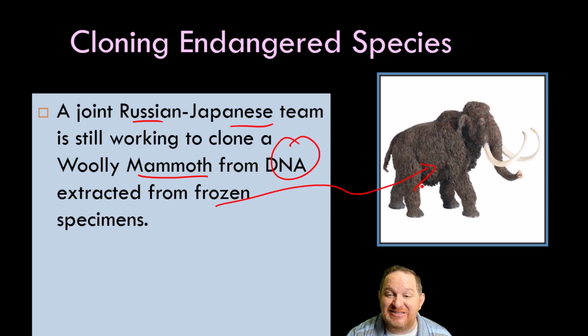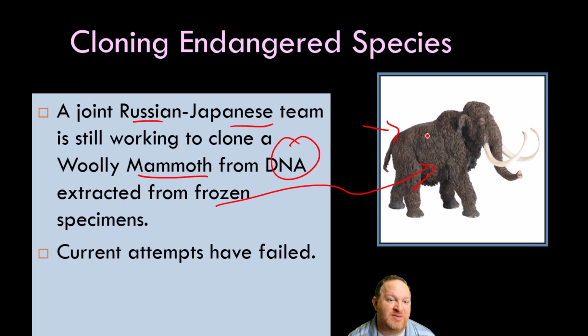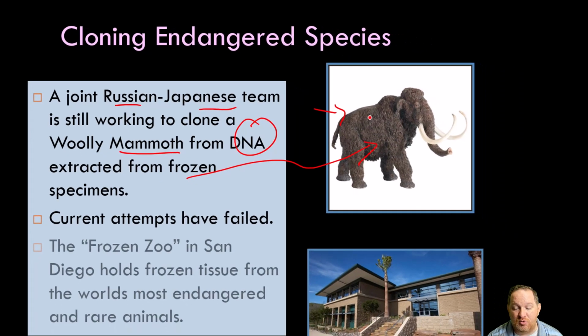The idea is to get a full set of DNA from this woolly mammoth implanted into some other cell, maybe an elephant, and then see if that can be born, and we could bring back a woolly mammoth. Up to this point, the attempts have failed, but we will eventually probably get there where we are able to bring back not only extinct animals, but maybe save some of the endangered ones.